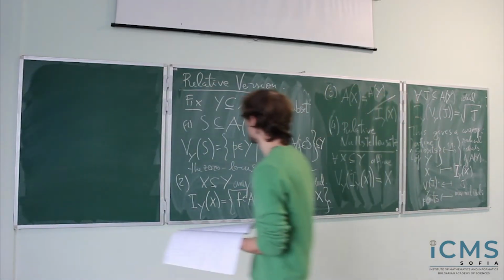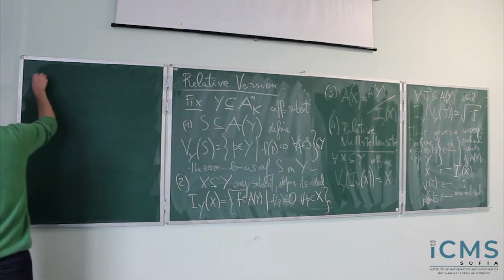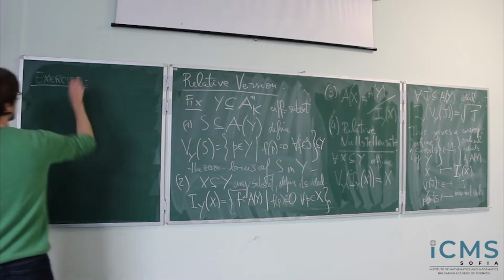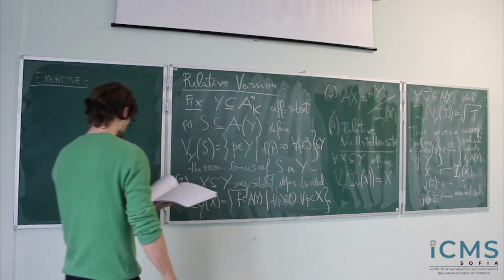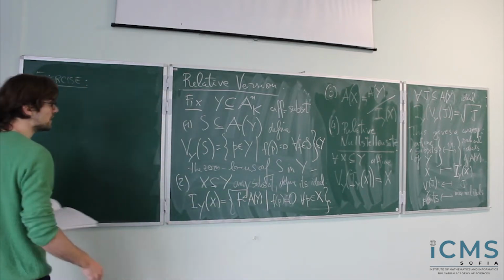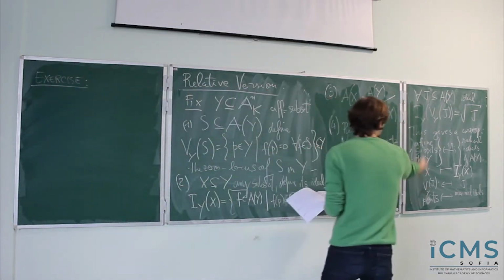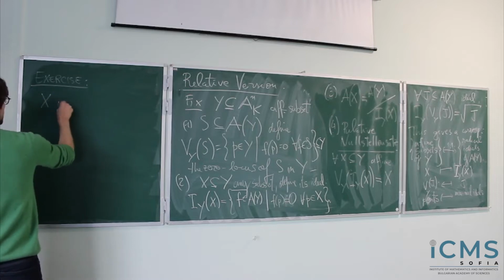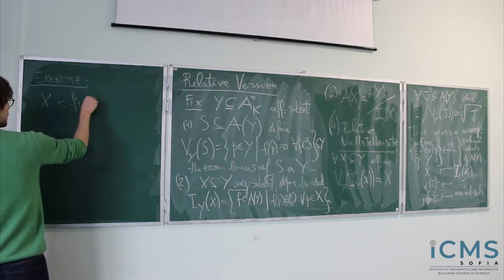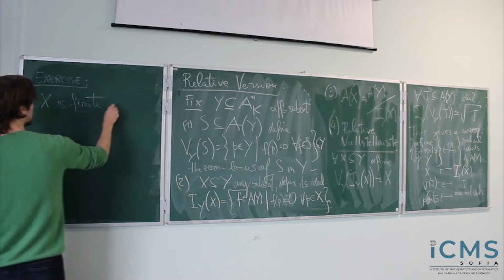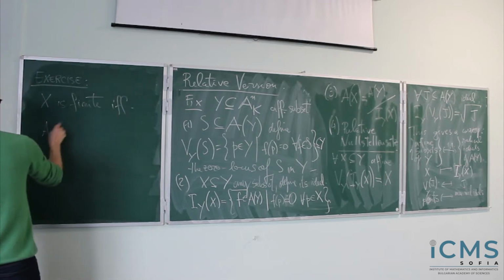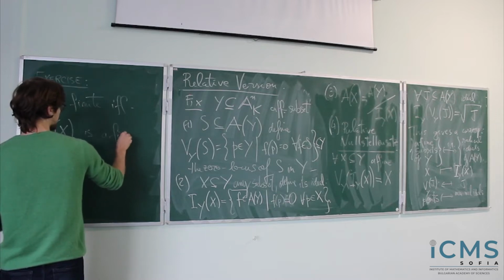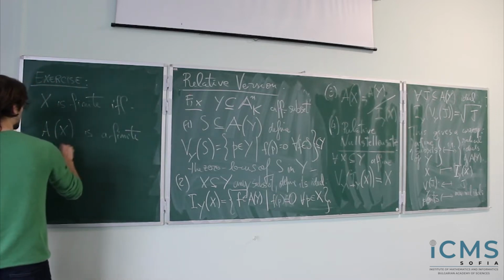I'd just like to give an exercise, but it's relatively quick. Under this correspondence here, you can actually show that X is finite if and only if A(X) is a finite-dimensional k-vector space.